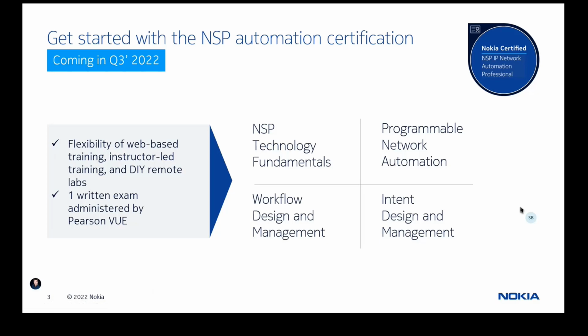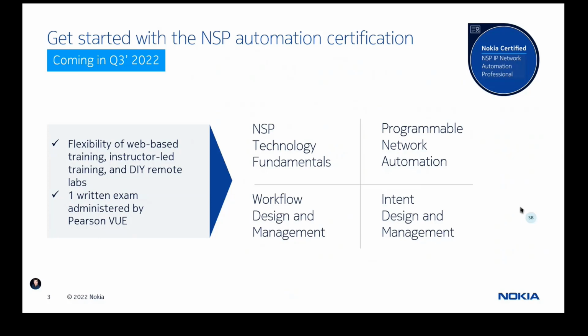Coming new in Q3, probably in September, is a brand new automation certification. This NSP training is currently just a regular training program, but will become a certification program similar to our SRC certification program or ONC on the optical side.